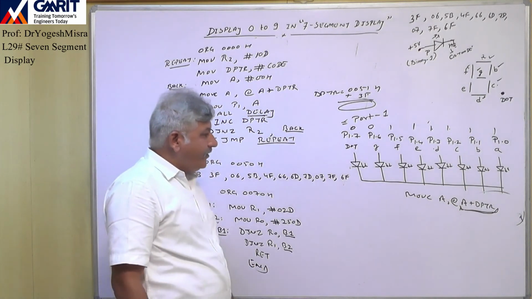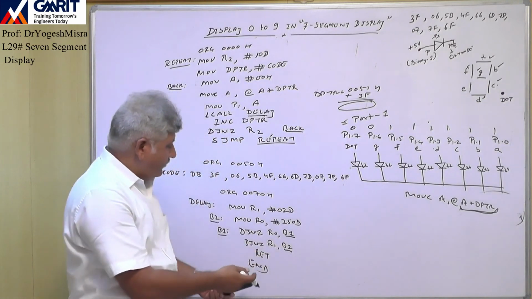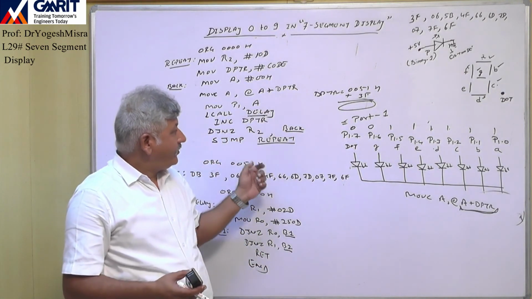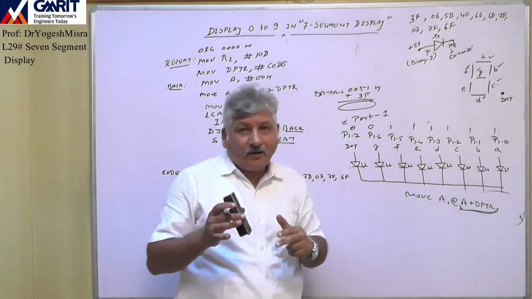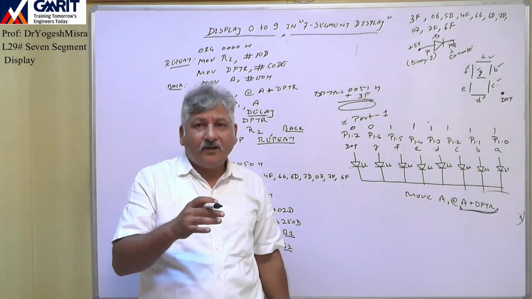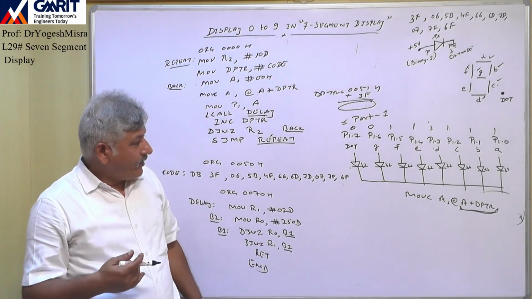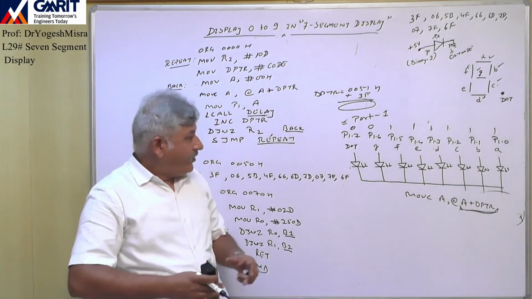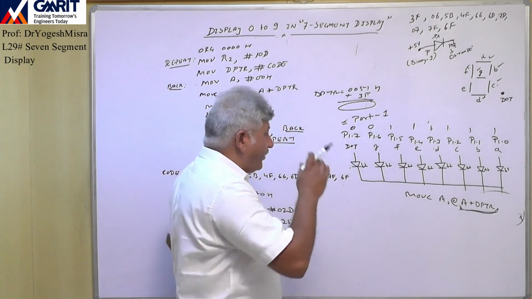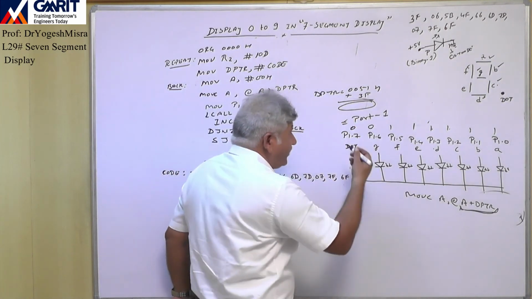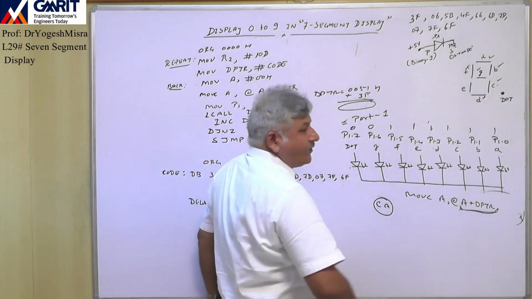Now as an assignment, just now I will also display this code with the interfacing of 7 segment with the microcontroller with the help of MCU 8051 software. And as an assignment, you develop the hexadecimal codes of this type for a common anode type 7 segment display.